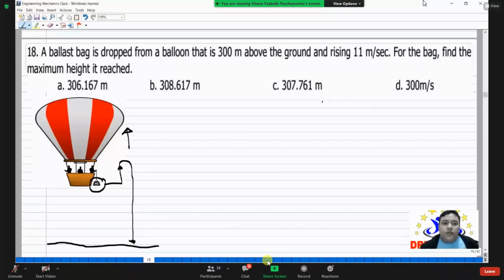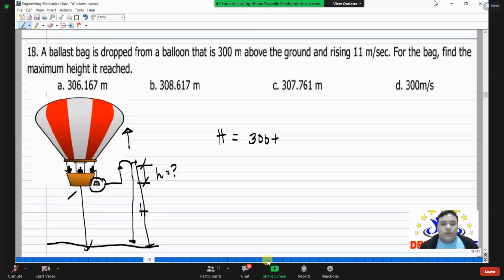So, dito, ang sagot is your height from the ground plus yung height na itong tinaas niya. So, therefore, this is capital H. Itong H na to. So, that is equal to 300 plus your h.